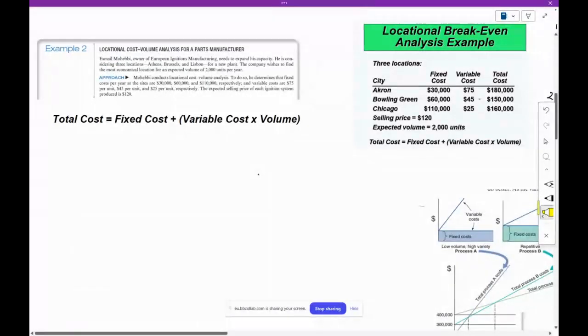So this is more like, to me, A, B, and C for a new plant. The company wishes to find the most economical location for an expected volume of 2,000 units per year, right? So Mohebi conducts location cost volume analysis. To do so, he determines the fixed cost.